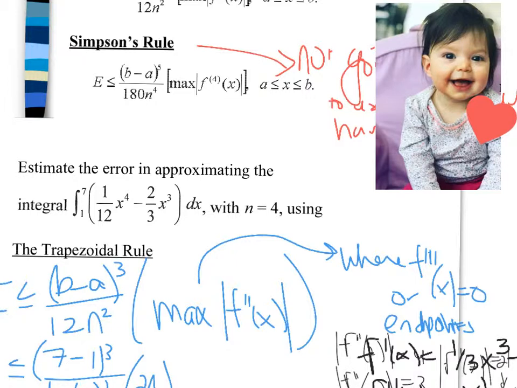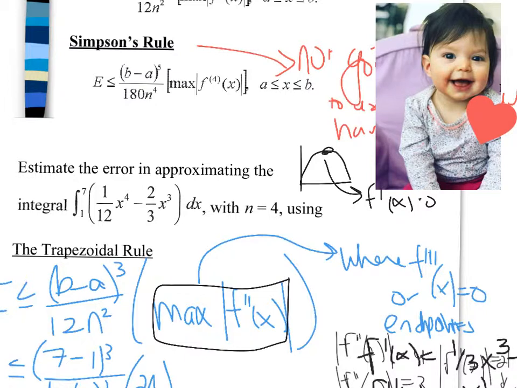So what I want you to quickly do is think about when we took the max of objects, what we were calculating. So think of a parabola. The max of something was when the derivative was equal to 0. So if you're trying to figure out the max of f double prime, it's where the third derivative is going to equal 0, or where the endpoints are.